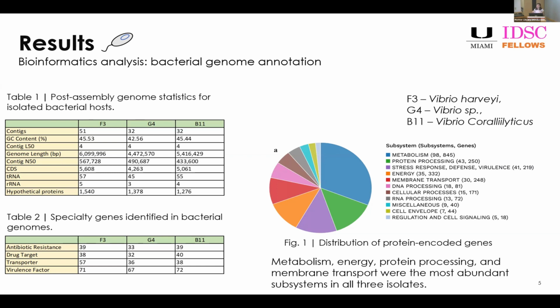For the genes that had functional annotation of the proteins, I looked at their distribution, and it was a little bit different for the 3 bacteria. I saw that the majority belonged to metabolism, energy, and protein processing, and also membrane transport, among other subsystems. Those were the most prevalent in these 3 bacterial isolates.